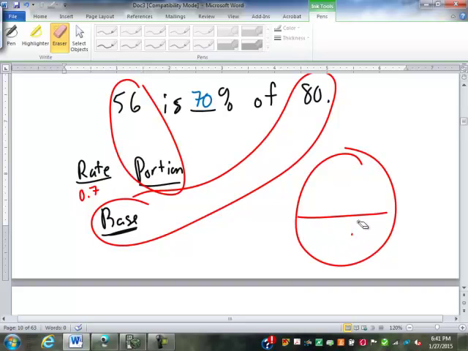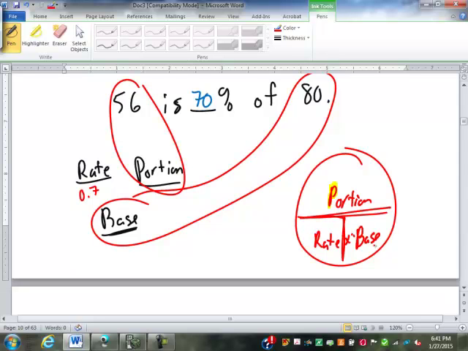I don't use it very often because I don't like it. Base times rate over portion. Is that right? No, it's the other way around. Let me try that again. You can tell how well I like it. The portion over the rate times base.